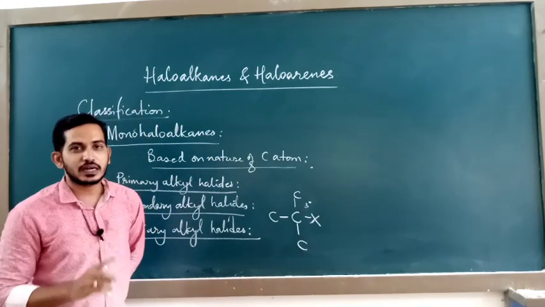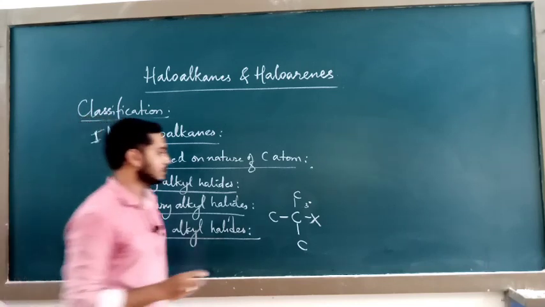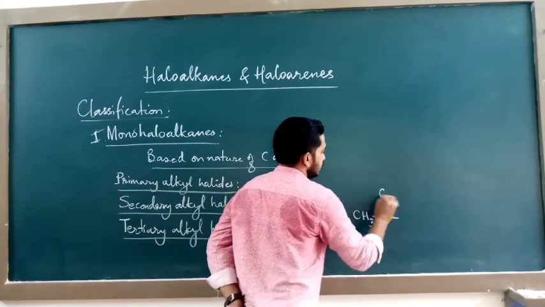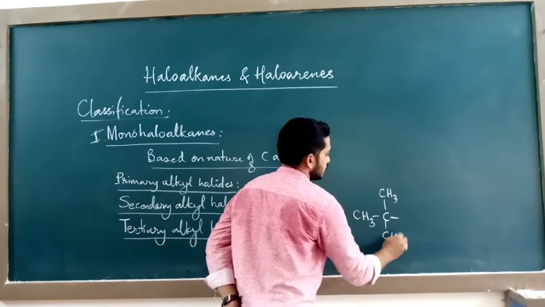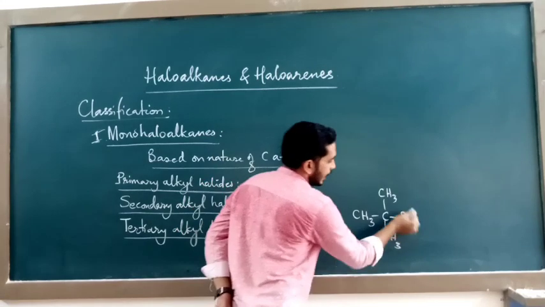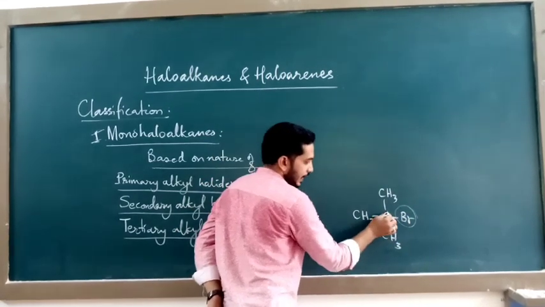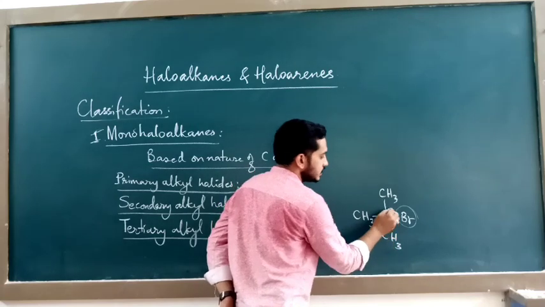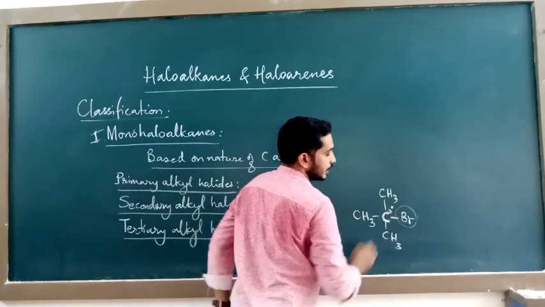For example, (CH3)3CBr. In this case, halogen is attached to a carbon and this carbon is bonded with three carbons on all sides. Therefore, this is an example of a tertiary alkyl halide.